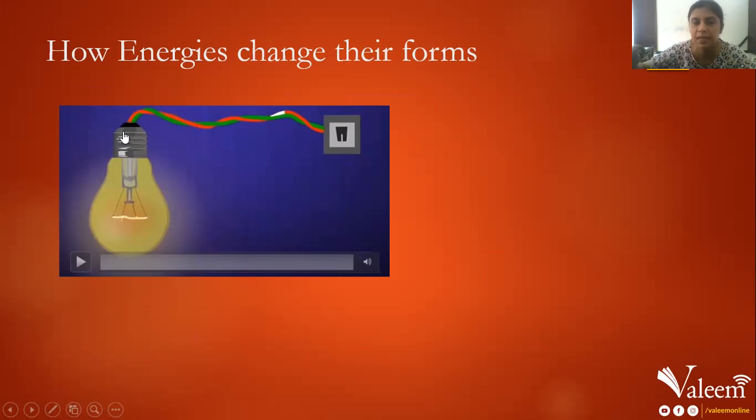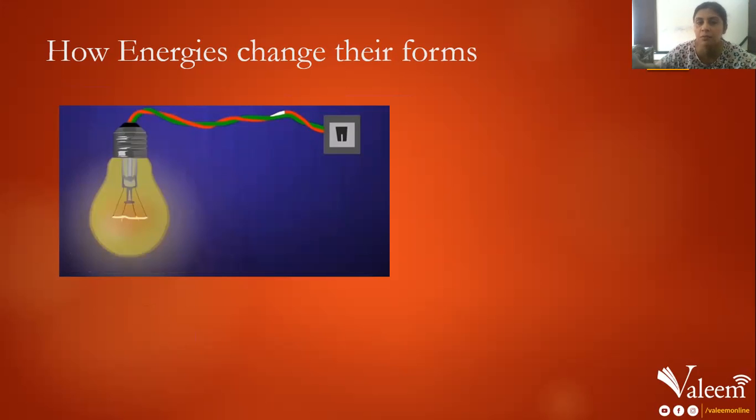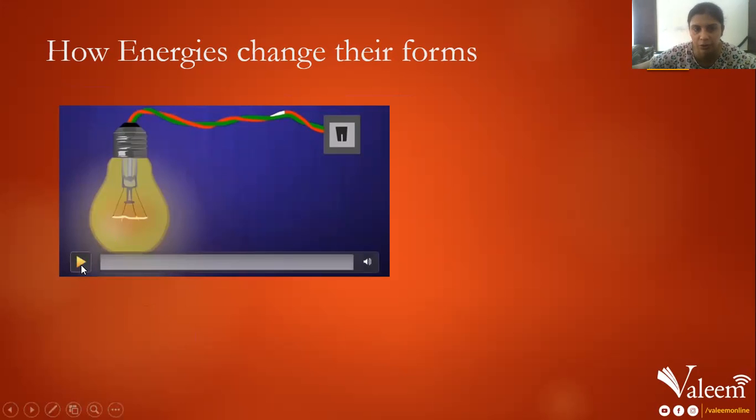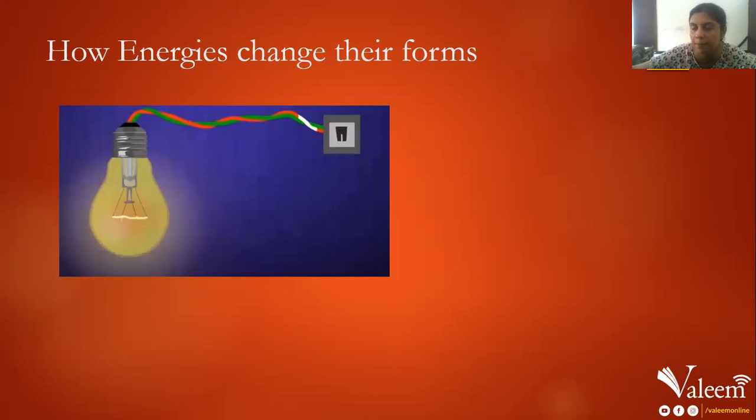It heats the bulb and releases heat energy. Once more electricity is passed, the bulb becomes more heated and bright, and thus converts into light energy. So basically, electrical energy changes its form to heat and light energy. This is a very good example of how electricity changes its forms.